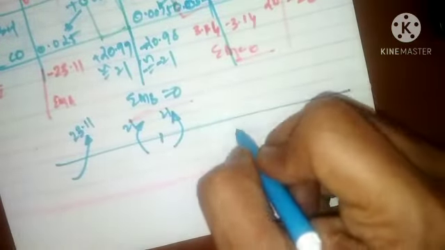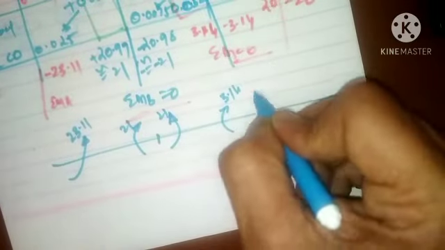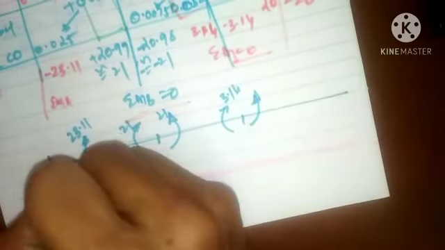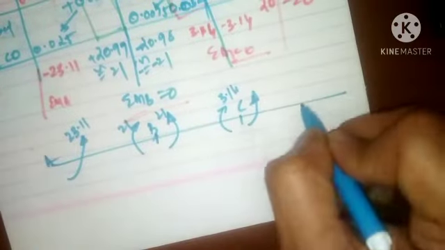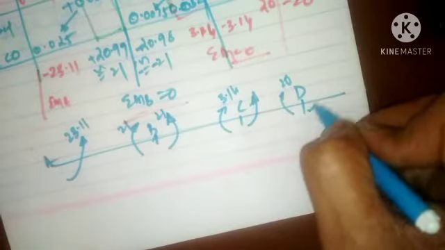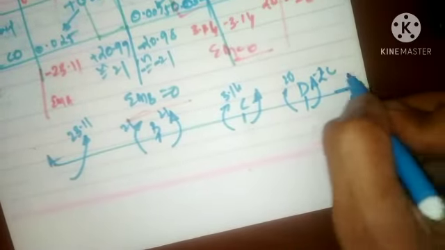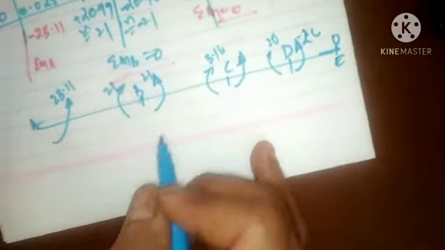Now 3.14 will be clockwise because it is positive, and minus 3.14 will be anti-clockwise because it is negative. A, B, C. Now D has a clockwise moment which you have balanced as 20, and the anti-clockwise is minus 20. And the moment at E will be 0 because it is a free end of the beam.